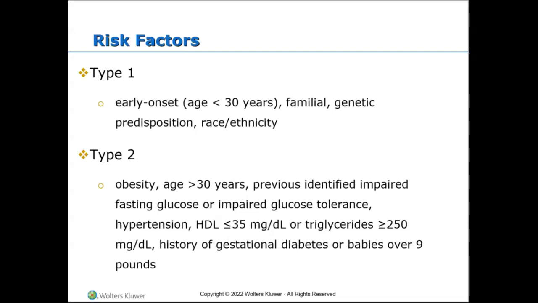Previously identified impaired fasting glucose, or what we call impaired glucose tolerance, meaning your body can't tolerate excessive glucose, or your race or ethnicity is African American, Hispanic American, Native American, Asian American, or Pacific Islanders.